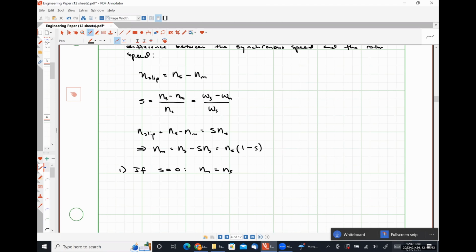So we have no induced voltages or currents, and so our rotor will decelerate itself in order to generate some torque. Okay. A second case that we can look at is if our slip is equal to 1 or 100%. So what does this mean?